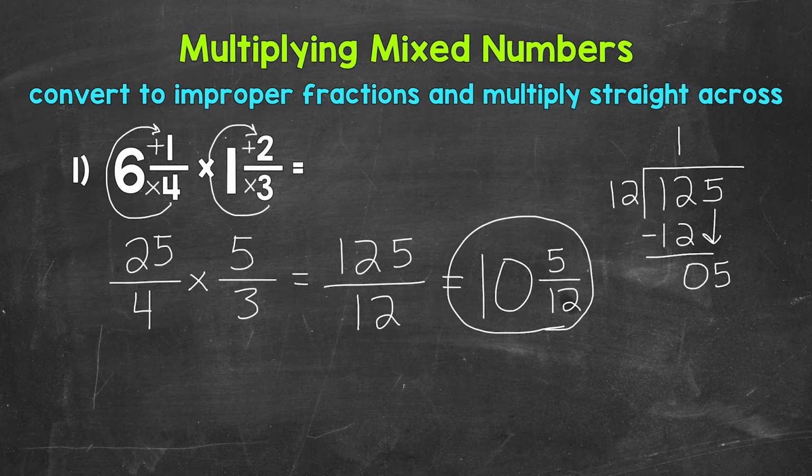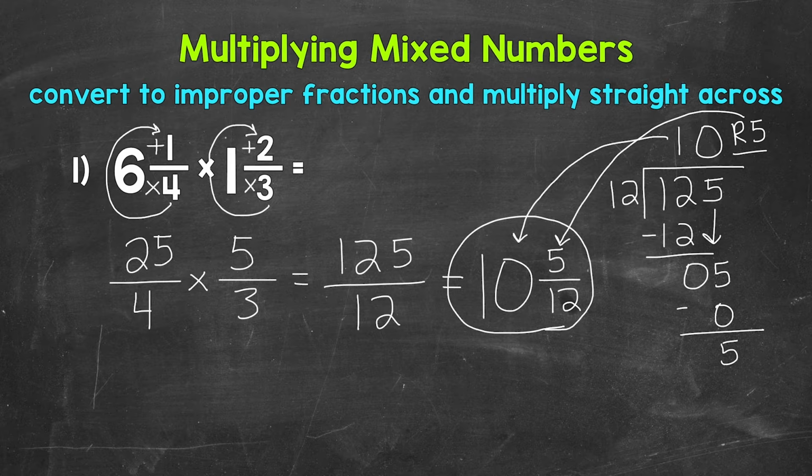So we have 5 divided by 12, which we can't do, so we need a 0 here. 0 times 12 is 0. Subtract, 5 minus 0 is 5. So 10, remainder 5. 10 is the whole number of our mixed number. The remainder of 5 is the numerator, and then we keep the denominator of 12 the same. So again, our final answer, 10 and 5/12.